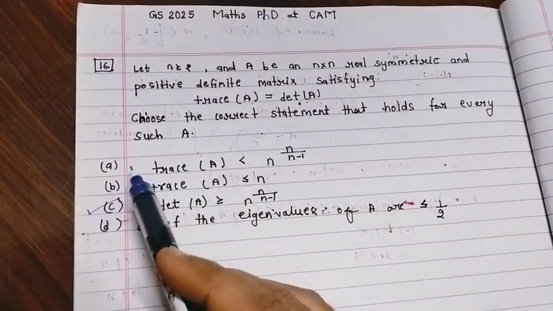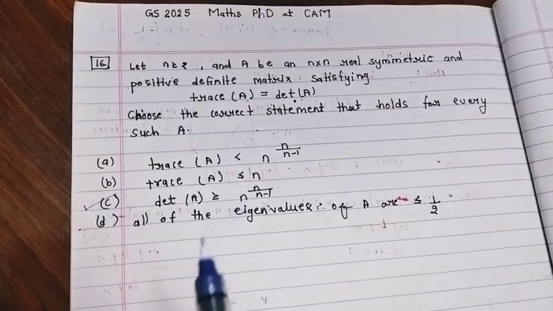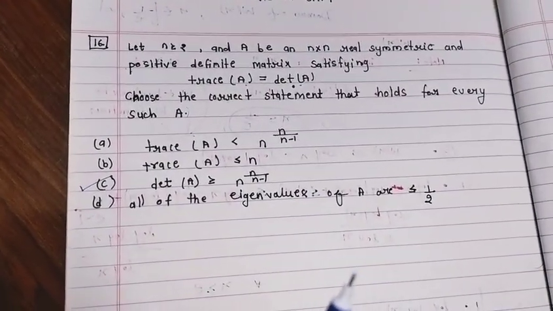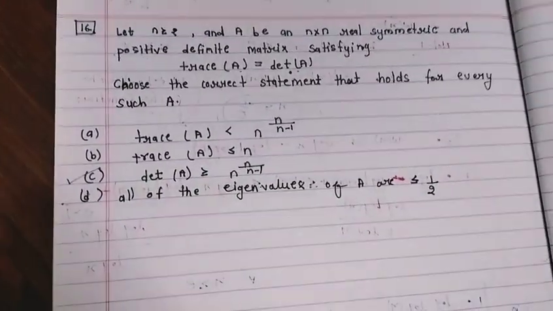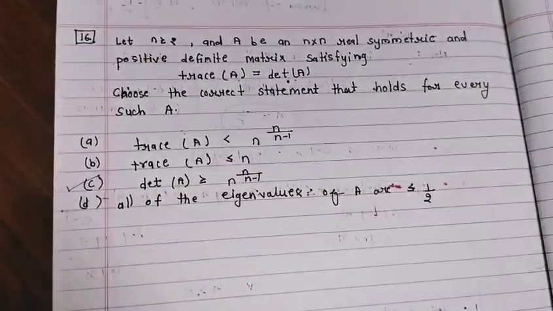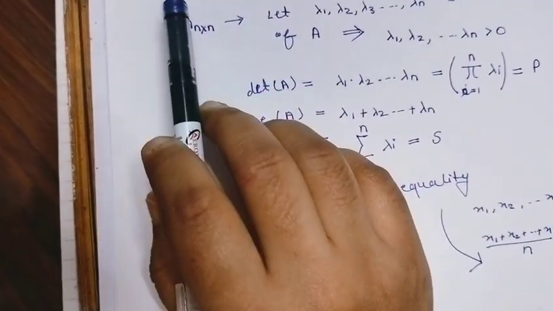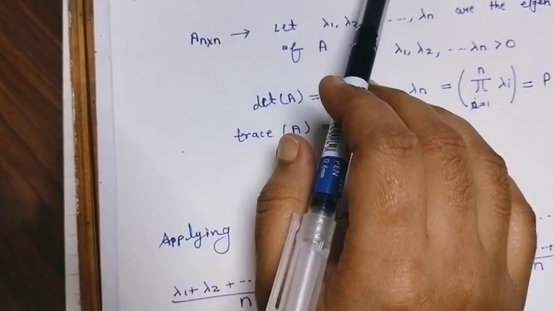How can we show that these other options are incorrect? So let's assume, I will show it by a counter example. I have mentioned some properties of positive definite matrix here, that all eigenvalues are strictly greater than 0.